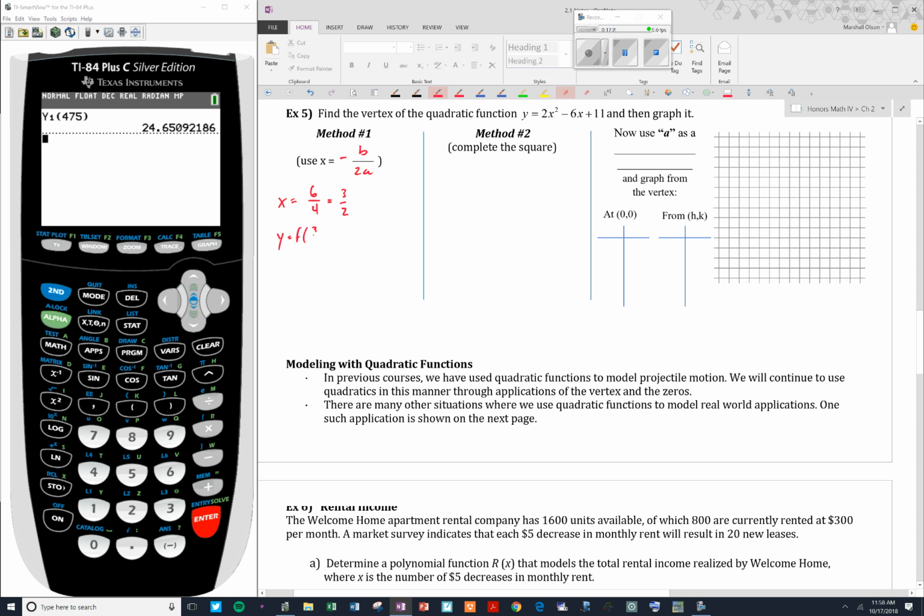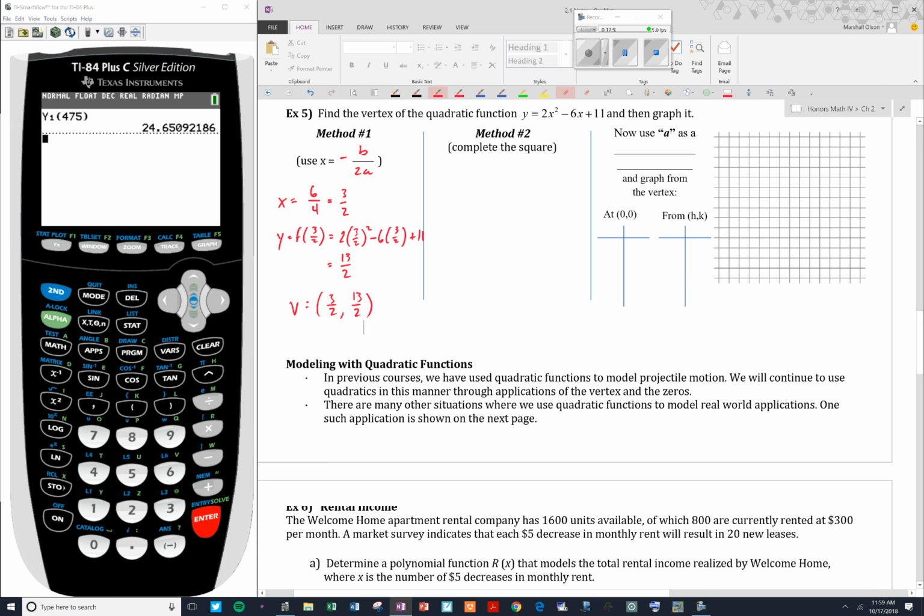So y is going to be f of 3/2, which is 2 times 3/2 squared minus 6 times 3/2 plus 11. And with a little math magic, you should end up finding out that that's 13/2. So our vertex, we know, is 3/2, comma, 13/2. That's our vertex.